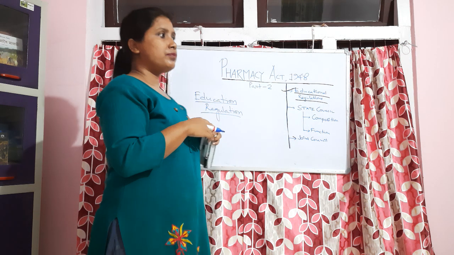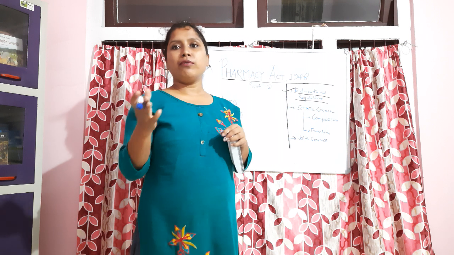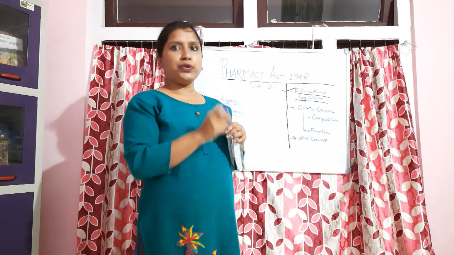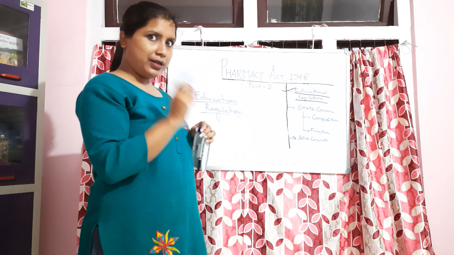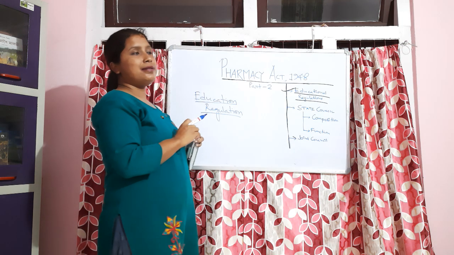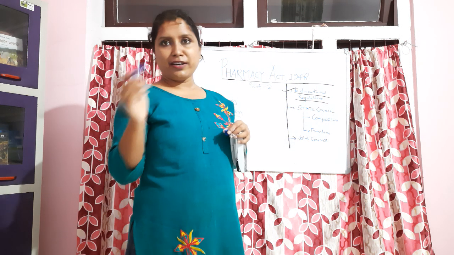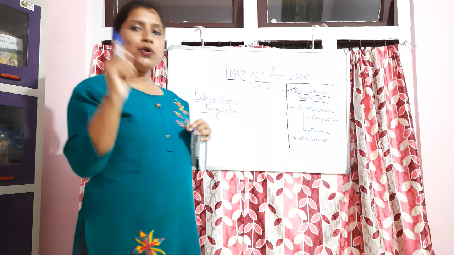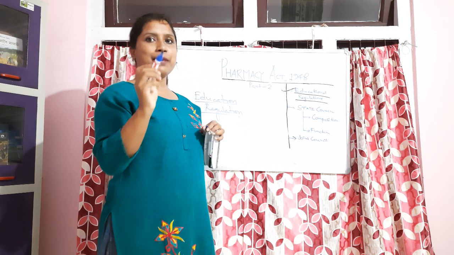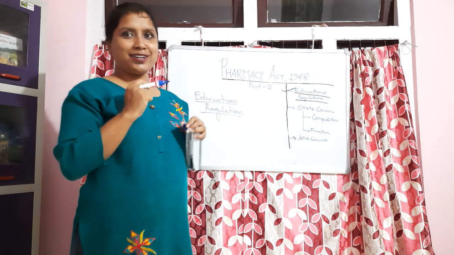For example, after passing higher secondary, you came to our institute to take admission, is it? At that time, we asked you what marks you secured in the higher secondary exam, what your marks in physics, chemistry, biology are, and what your age is. We asked this or not?